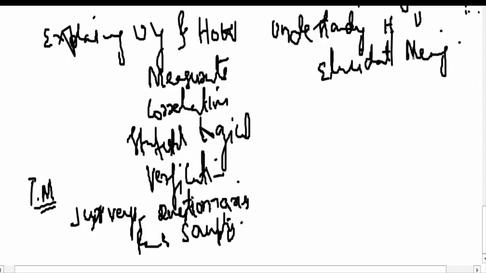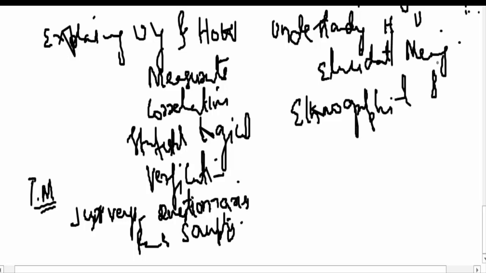What are the typical approaches like? We will use an ethnographic study. We may use in-depth interviews because we have to elucidate the data.